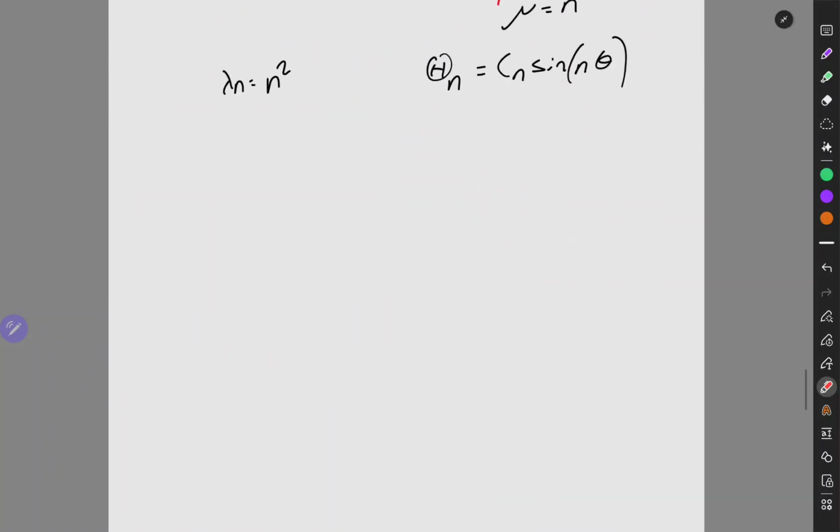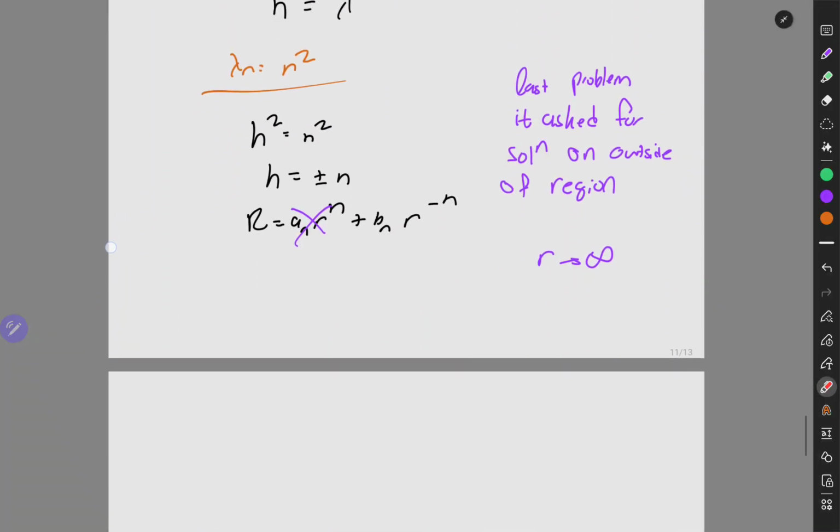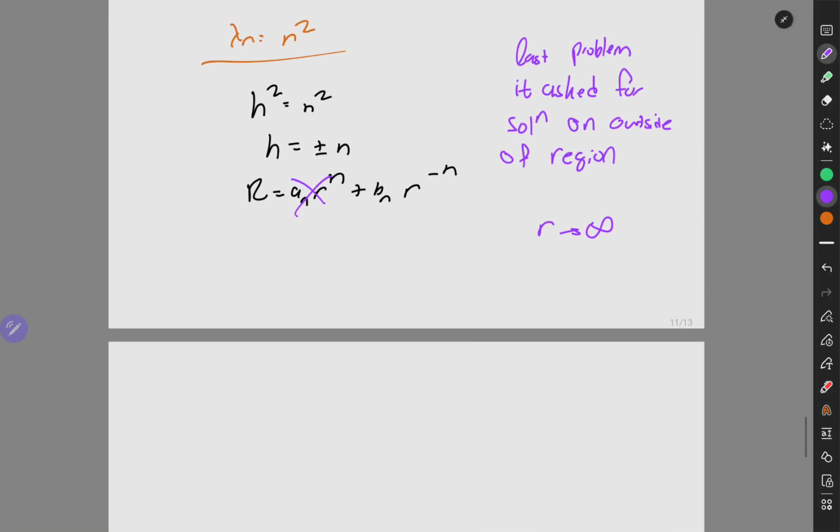For this problem, let me just write this out. We wanted r to go to infinity. As n increased, we wanted r to go to infinity. So that was unbounded.